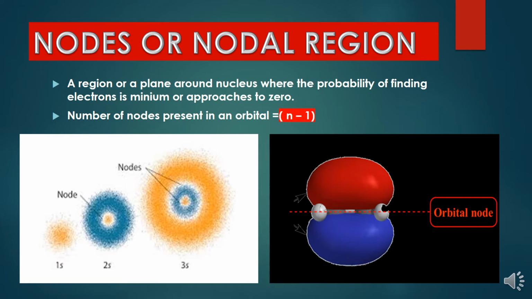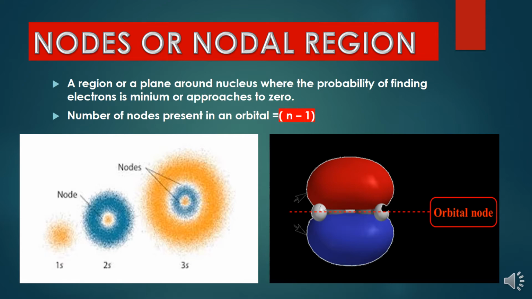As you can see here, in 1s there is no such region where the electron density is low, so it has no nodal region, whereas in 2s and 3s you can see that white area around the 1s. In between the 1s and 2s orbitals, there is a region where electron density approaches 0. So this region is called a nodal region.